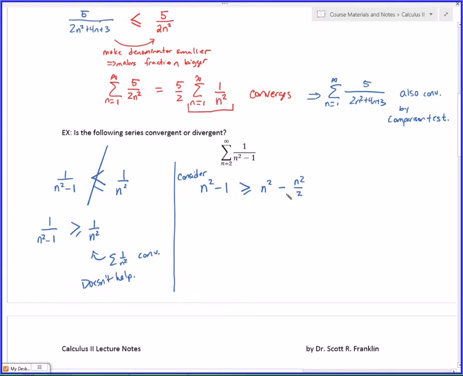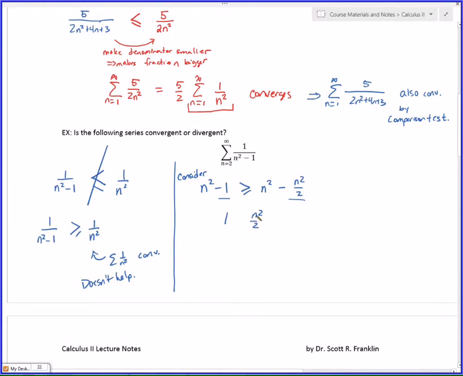But why would this always be true for all n? Well, think of this number and this number, 1 and n squared over 2. Start plugging in some numbers for n. For 1, n squared over 2 is 1/2, so that's not true for n equals 1, that's greater than or equal to.